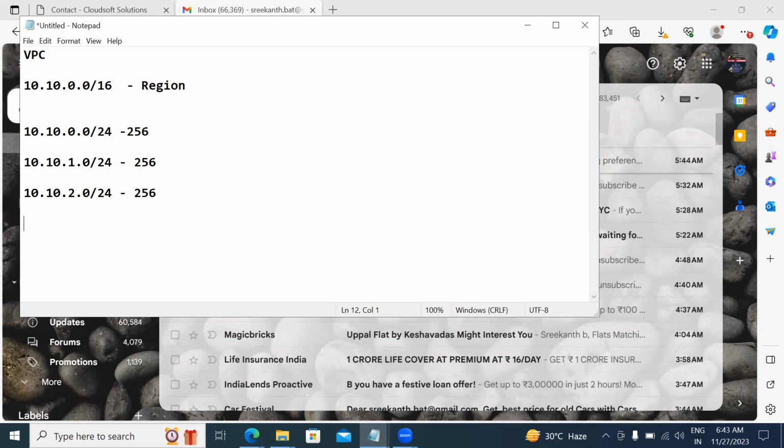Could you please explain again? So we have a superset of IPs. Suppose here we are going to get 65,536 IPs. That we are assigning to subnets.